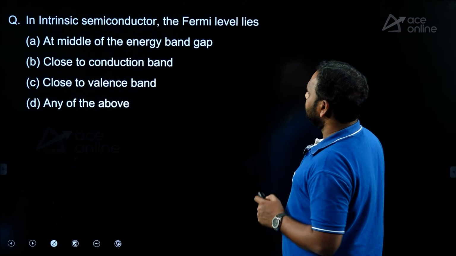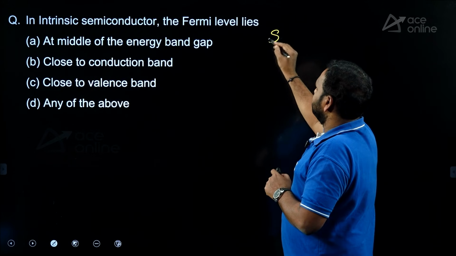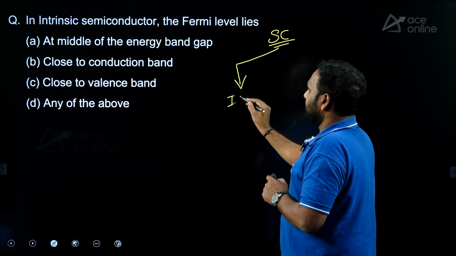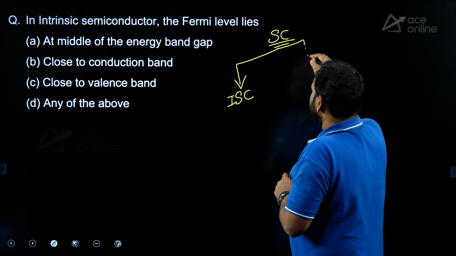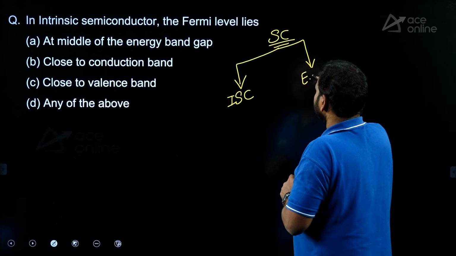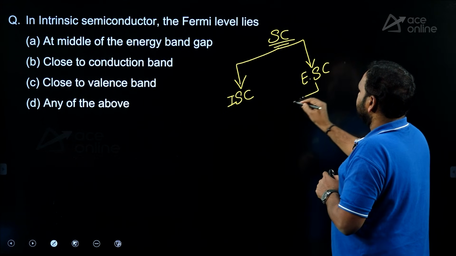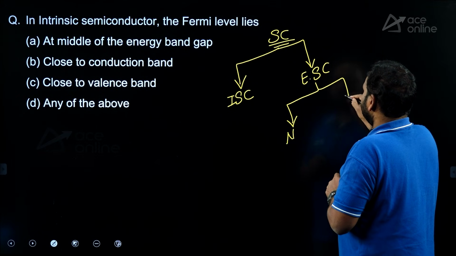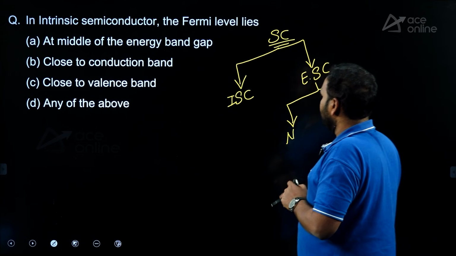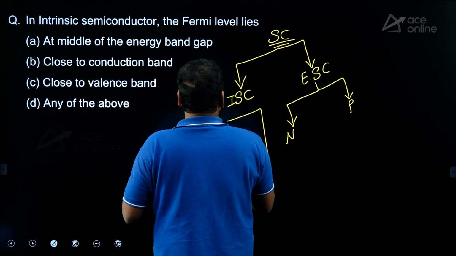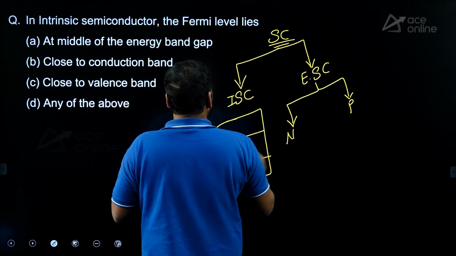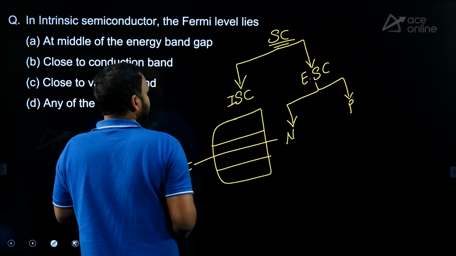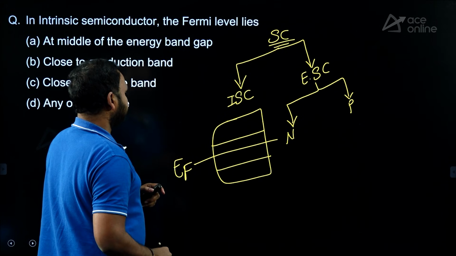In intrinsic semiconductors, the Fermi level: semiconductors can be classified into 2 types, intrinsic semiconductors and extrinsic semiconductors. Extrinsic semiconductors, again, do you remember? 2 types, N type and P type. In intrinsic semiconductors, the Fermi level lies at the center of the energy band diagram.